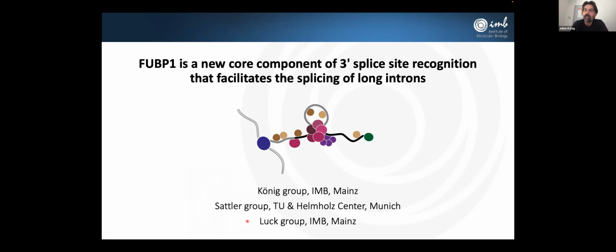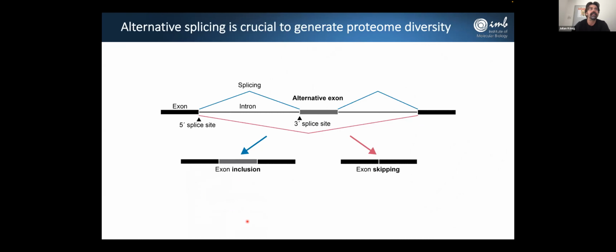What we are very much interested in our research is the regulation of splicing, which is the removal of introns and joining of exons to form the mature RNA. And this process is of particular interest because it allows for alternative splicing, which means that certain exons can be either included into the mature transcript or skipped from the transcript, which results in the production of different transcripts and eventually also protein isoforms.